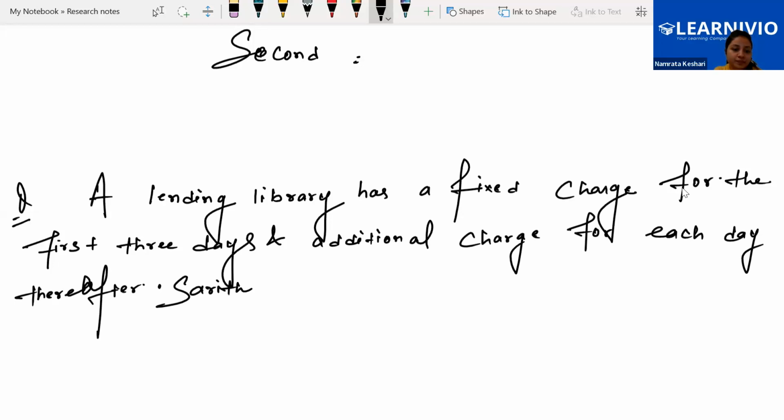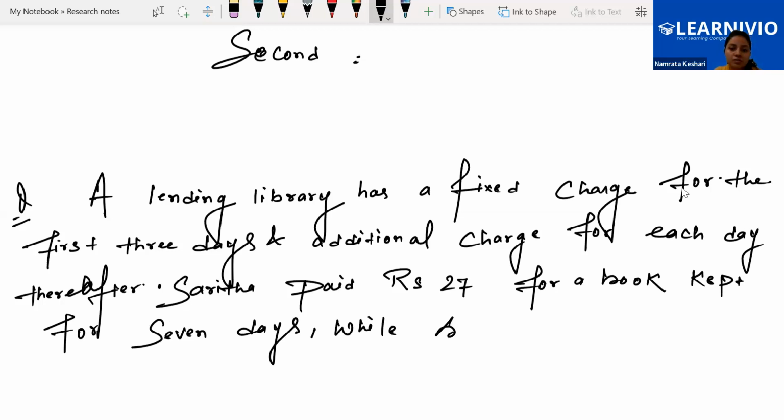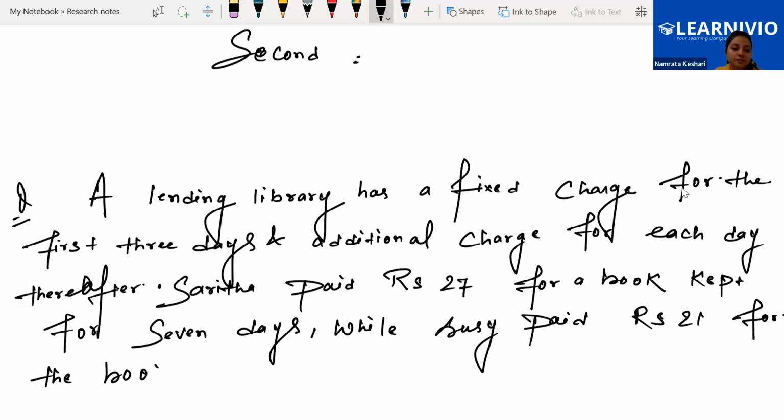Saritha paid rupees 27 for a book kept for 7 days, while Shashi paid rupees 21 for the book she kept for 5 days.